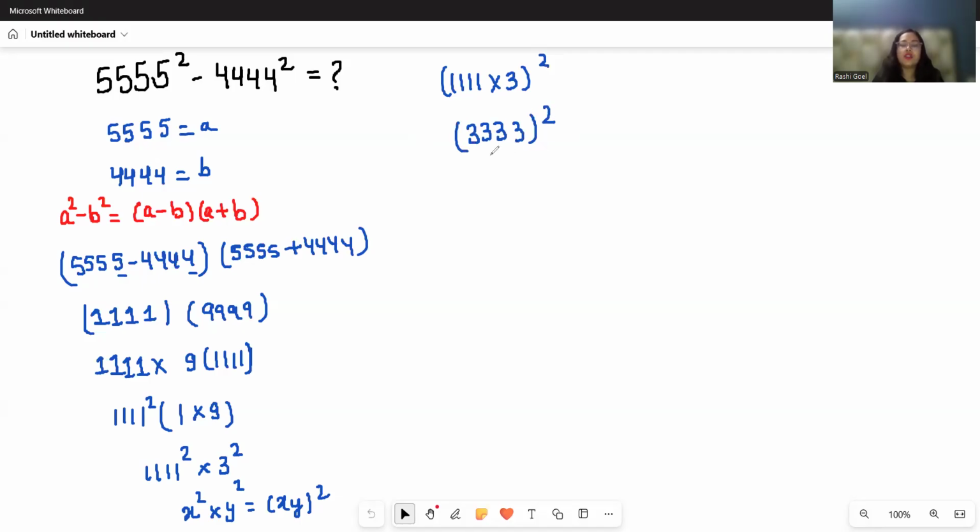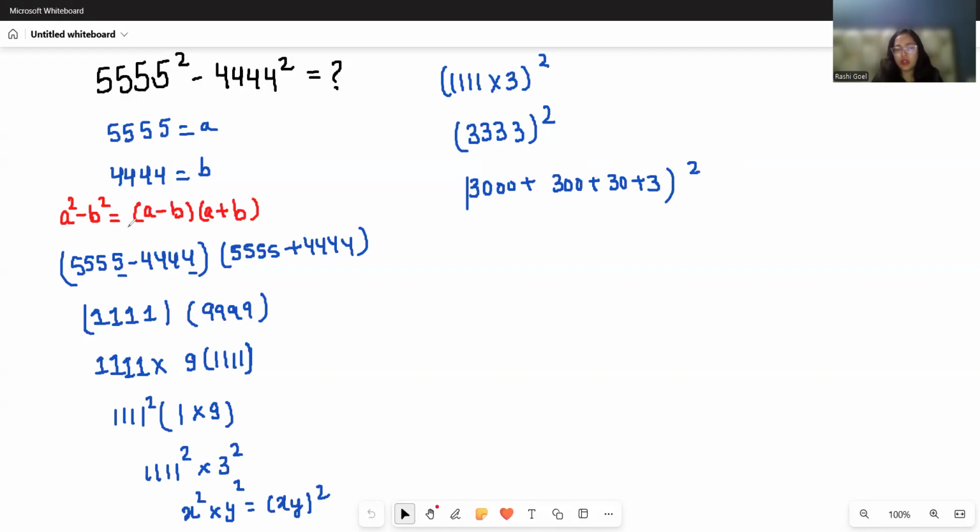Now we can write this 3333 in exponential form as 3000 plus 300 plus 30 plus 3 whole square.